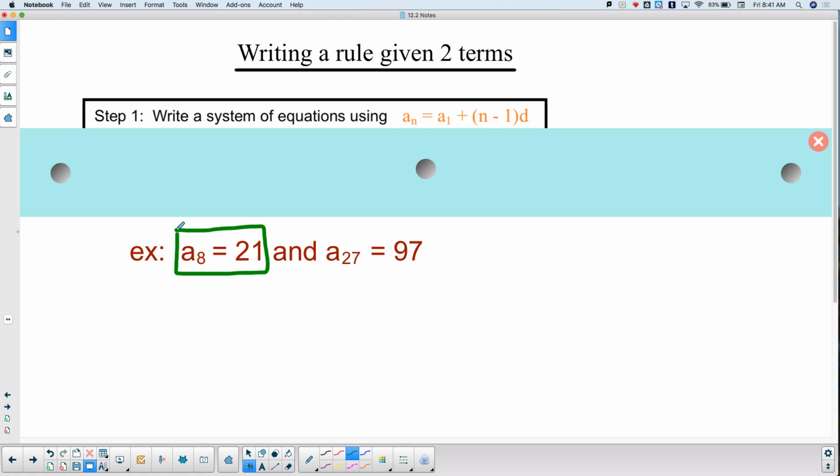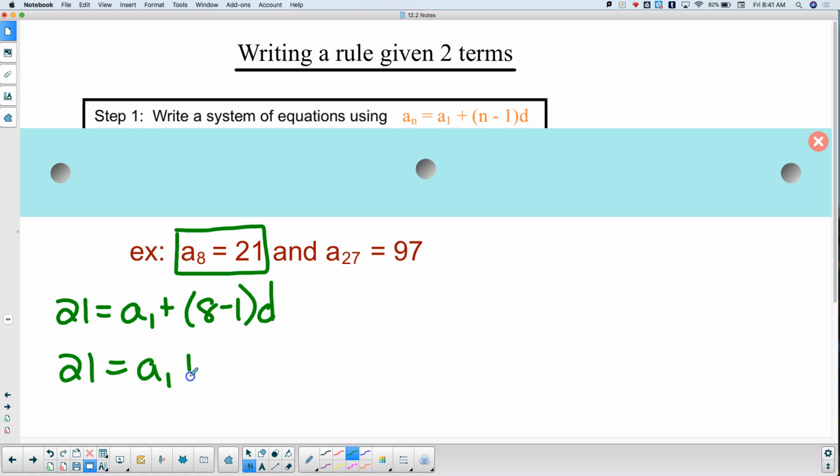So using my rule, 21 is equal to my first term plus 8 minus 1 times d. If I simplify that and make that look pretty, I get 21 is a sub 1 plus 7d.